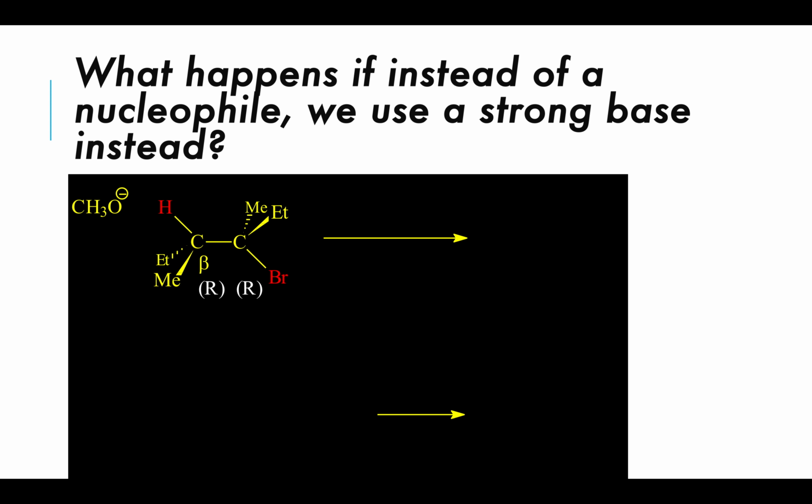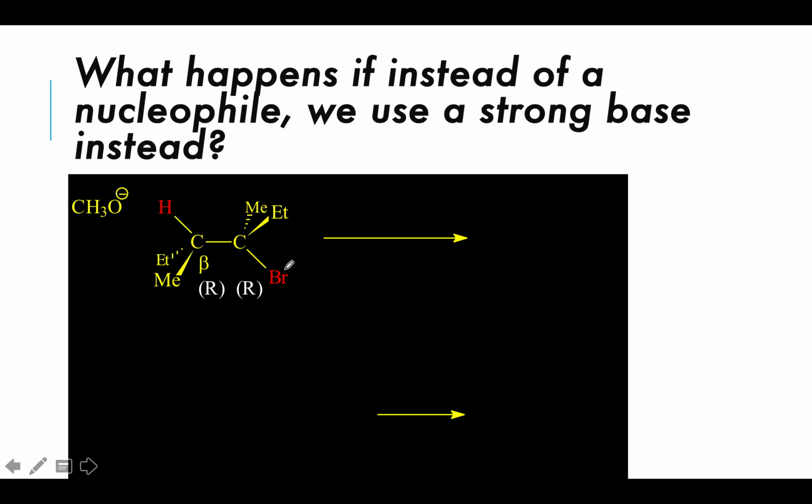So let's recall how an E2 reaction happens. You have your strong base, let's say the methoxide ion, which looks like methanol but deprotonated. Since it's unstable, it's not a nucleophile but a base, it really wants a proton. It grabs the proton of the carbon adjacent to the carbon with the leaving group.